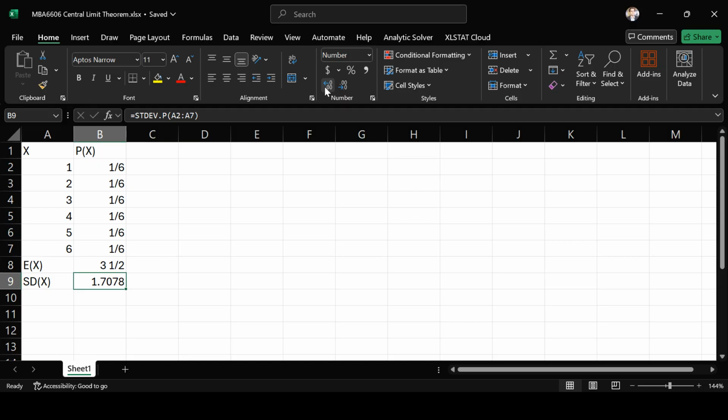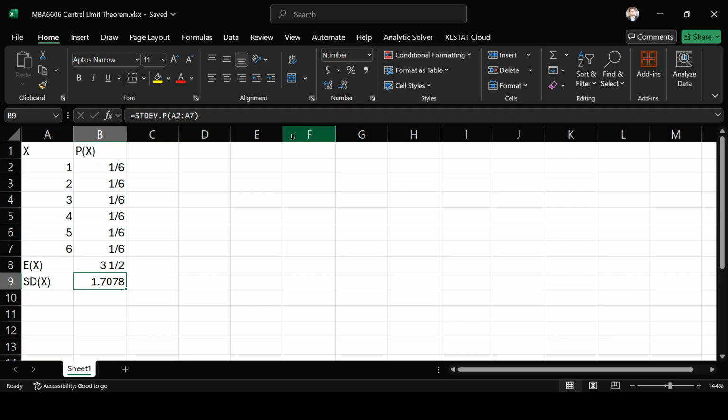Now we know these are the outcomes of the dice, and let us say from this population we would like to draw a sample and find the average of the outcomes of the sample to make an estimate about the population outcome.